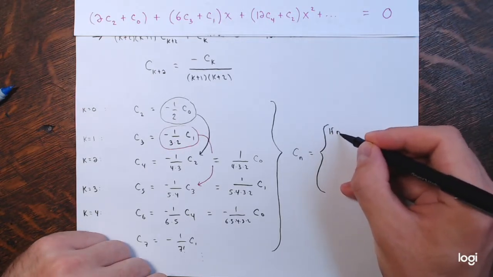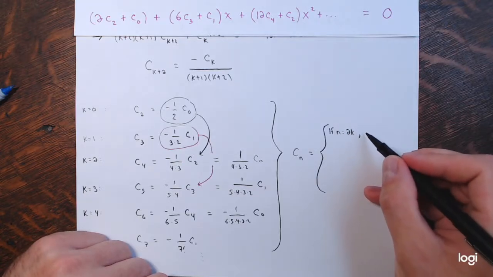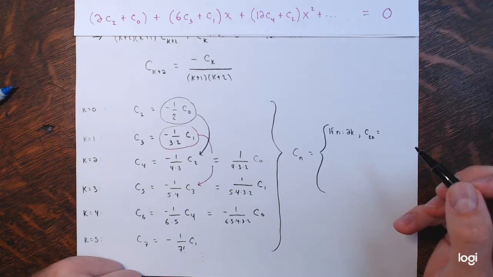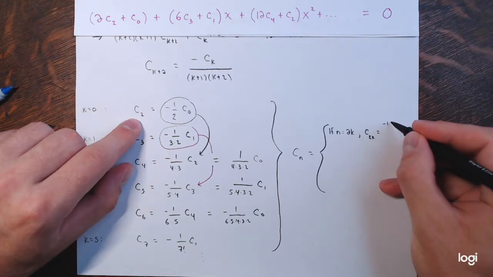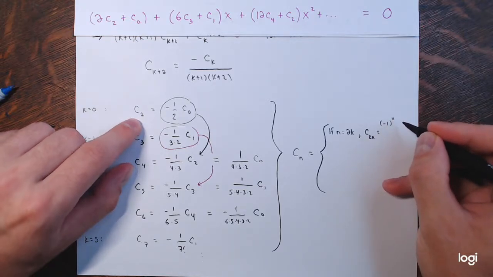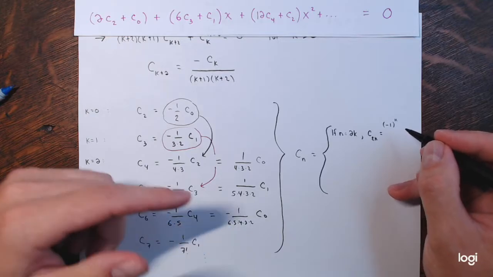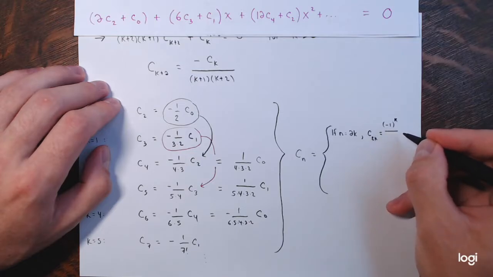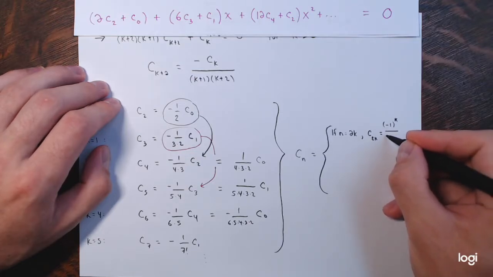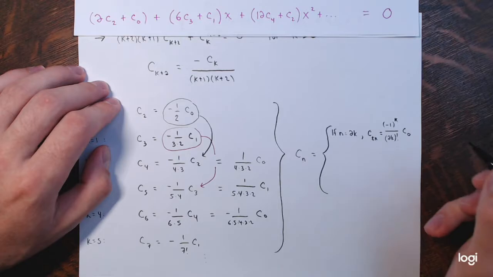Say if n equals some even number 2k, then c sub 2k looks like negative 1 to the k power, because for 2 times 1 it's negative, for 2 times 2 it's positive, for 2 times 3 it's negative, so negative 1 to the k power alternates the signs, over 2k factorial, times c sub 0.